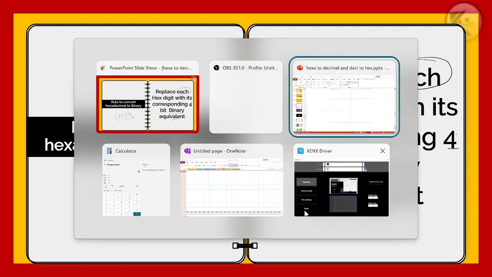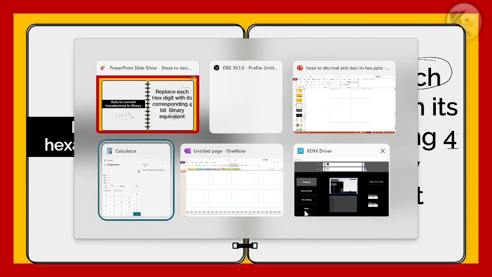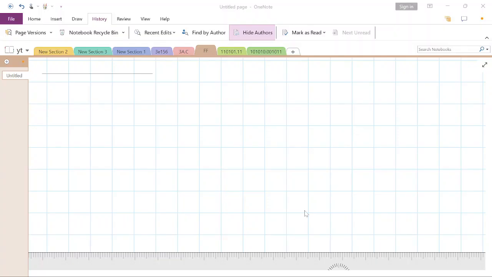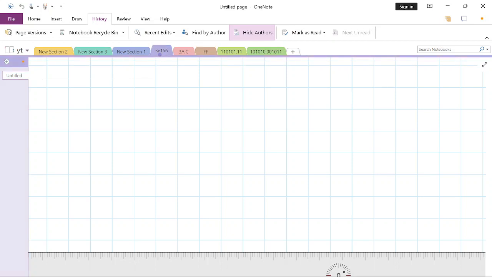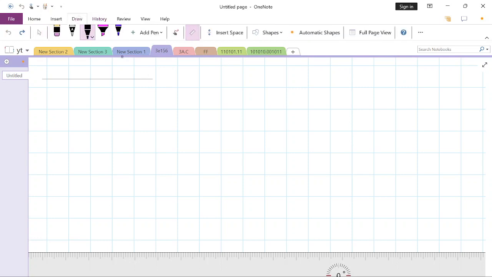And we will also learn how to verify them. But first, let's get into our copy and let's see this number 3E156. This is a hexa number and I have to find out its binary equivalent, right?